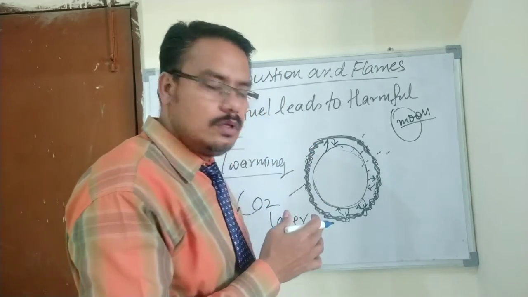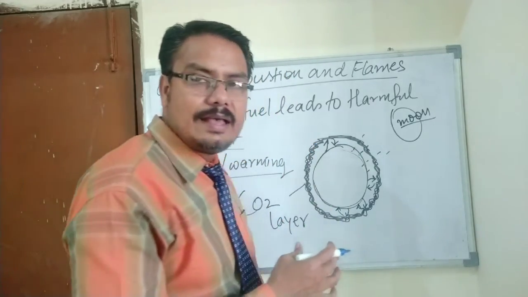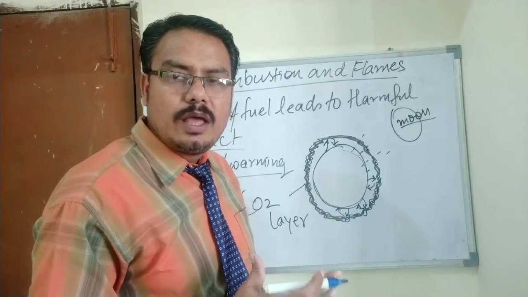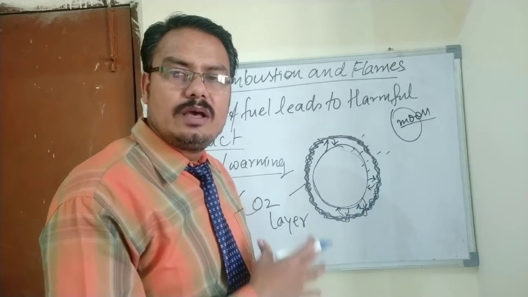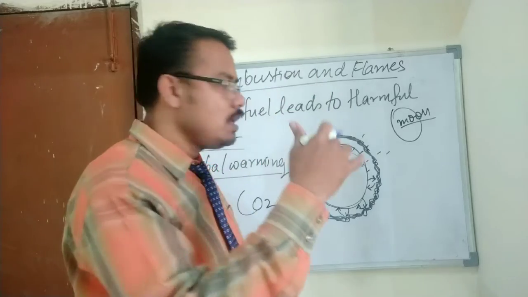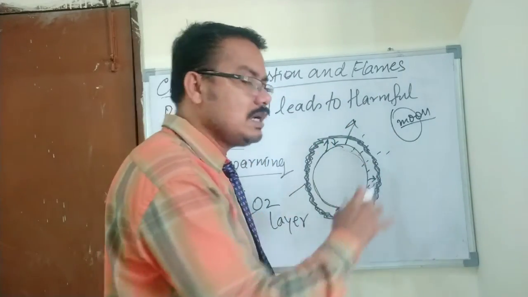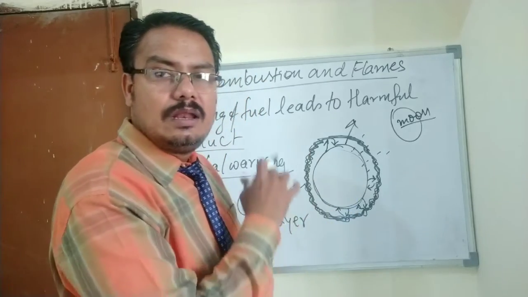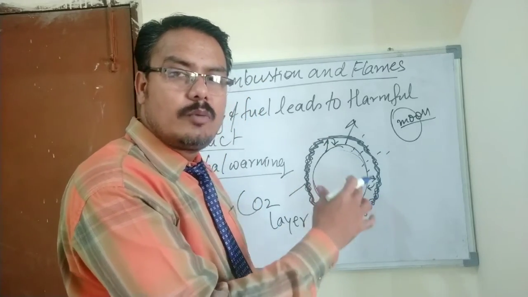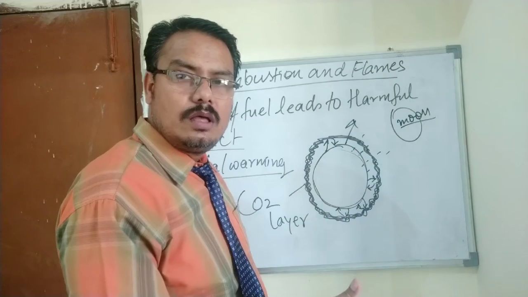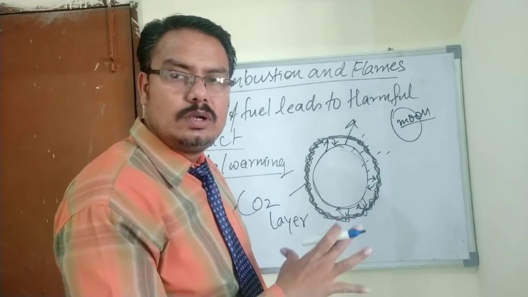Now our globe has totally been warmed, because this warm air is not able to release out into the atmosphere by breaking through this carbon dioxide layer, because this carbon dioxide layer is not letting the warm air go out and let the earth cool down.